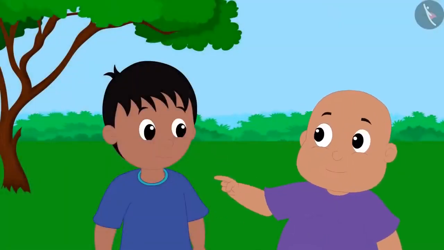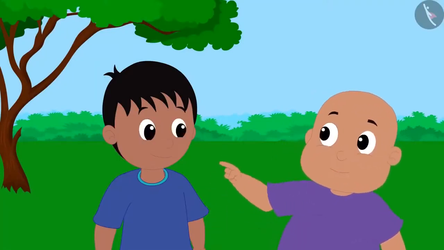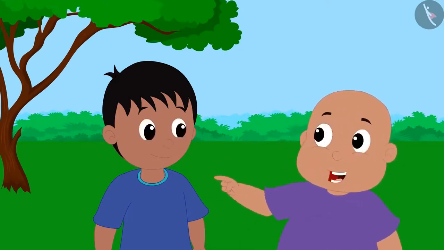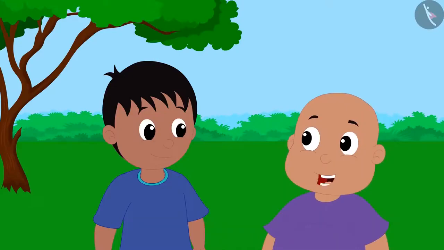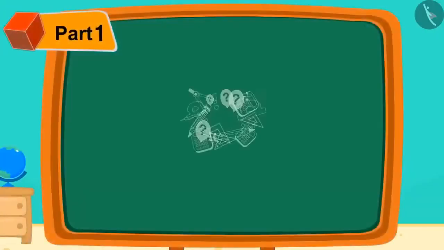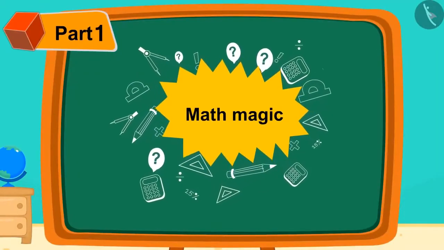Bablu excitedly told Raju that this magic math was great fun. Does any other table also show some patterns for easy memorization? Do you also want to see more math magic with Bablu?